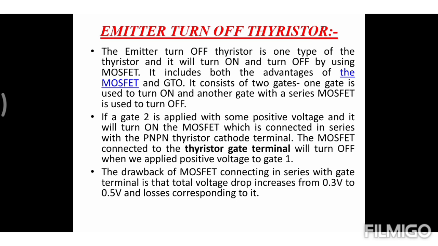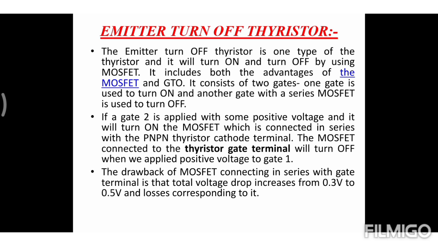And next one is emitter turn off thyristor. Emitter turn off thyristor is one type of thyristor, and it turns on and turns off by using a MOSFET. Previously we saw the GTO. In that GTO, turn on and turn off is done by using a gate pulse.